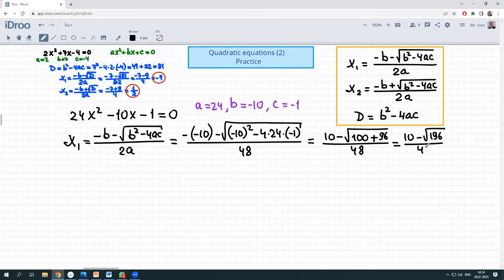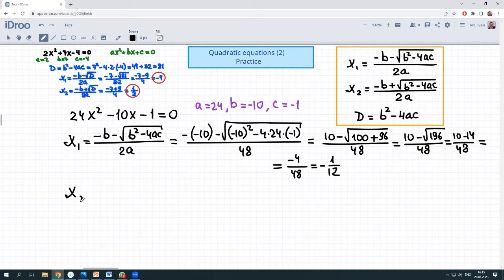over 48. And that's 10 minus 14 over 48, which is, in its turn, -4 over 48, which is -1/12. That's the root.